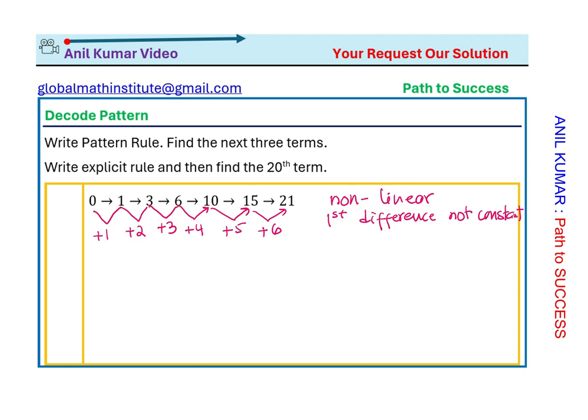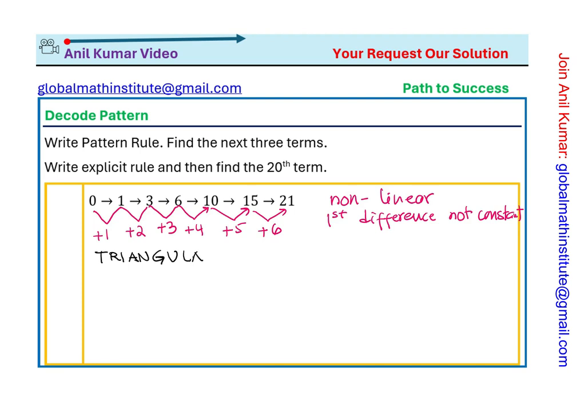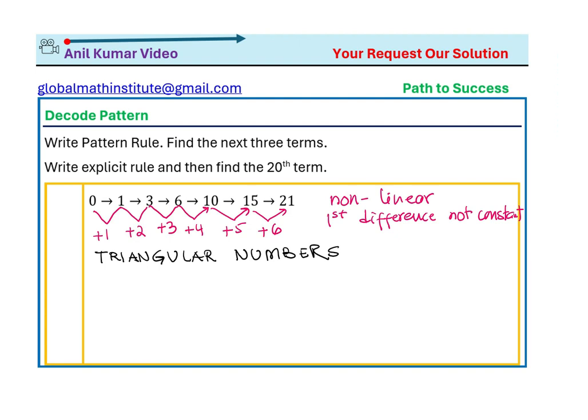They're called triangular numbers. Triangular numbers are like points placed on a triangle. How? So let's try to understand these triangular numbers and then we'll also derive a rule.